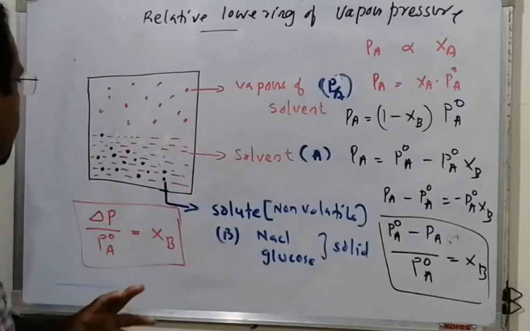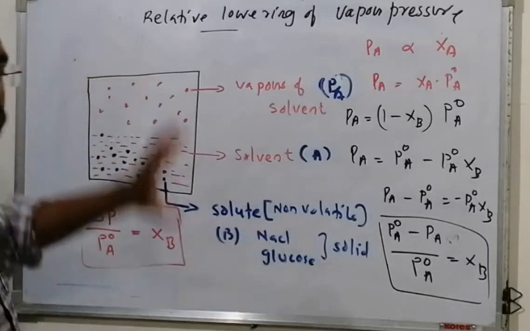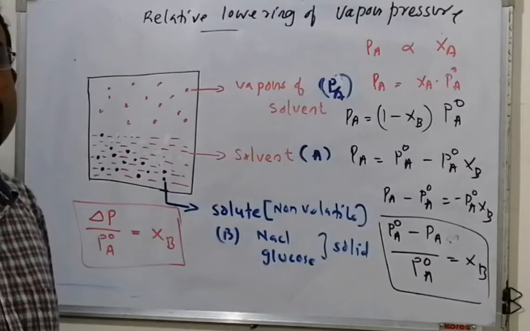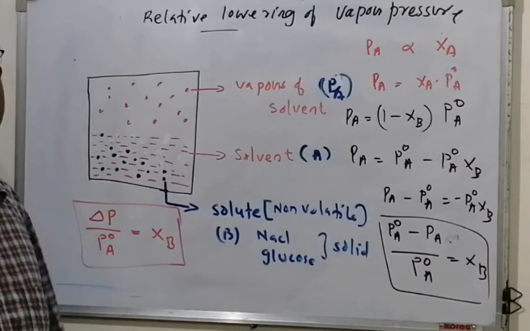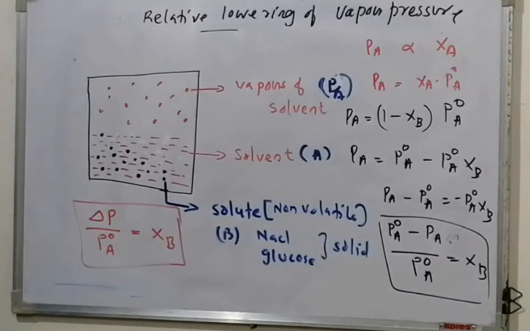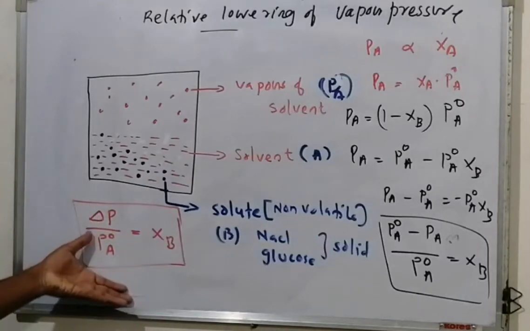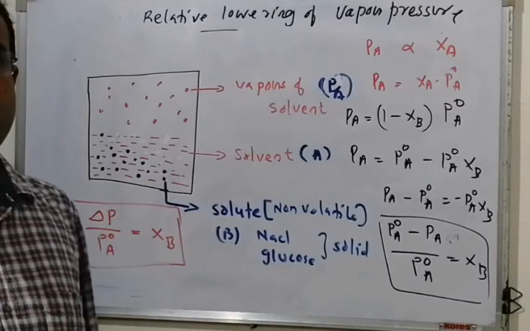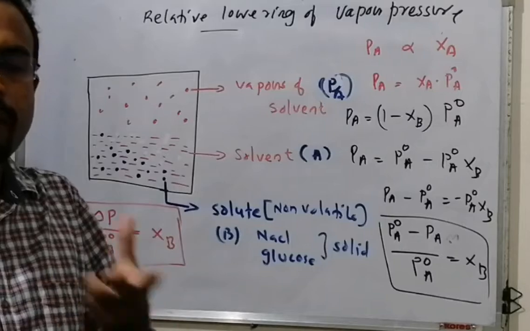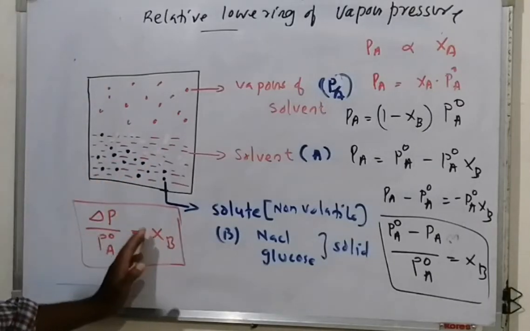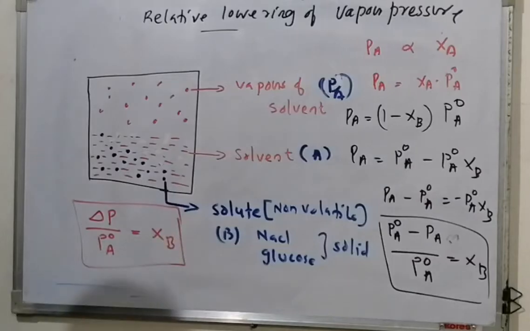Delta P divided by P0A, where P0A is the vapor pressure of pure solvent, is called the relative lowering of vapor pressure. That is equal to the mole fraction of solute. The meaning: how much the vapor pressure has decreased is equal to the mole fraction of solute.